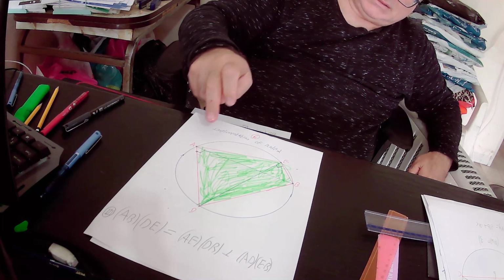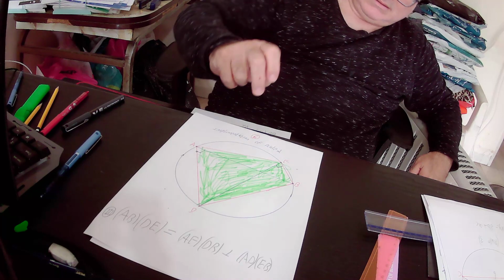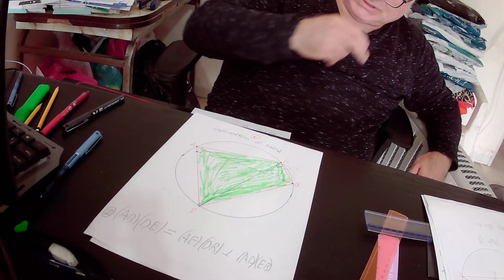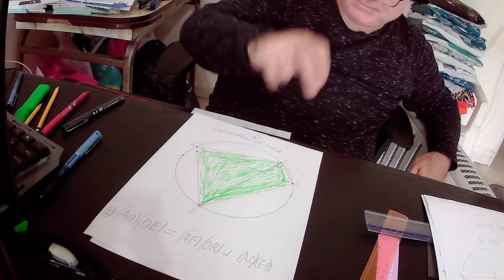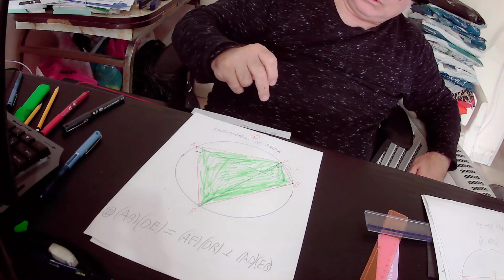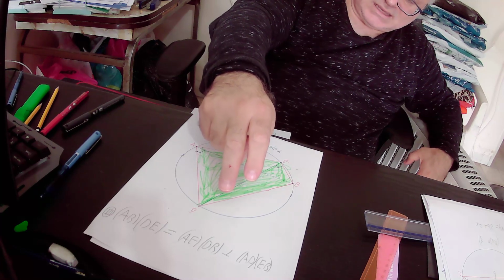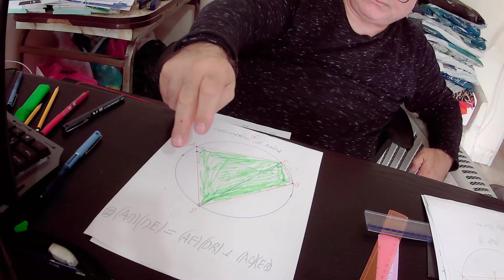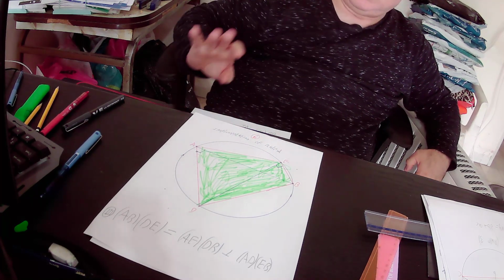The first product of the opposite sides is AE times BD, and the second product of its opposite sides is AD times EB, and the sum of the products of its opposite sides is product 1 plus product 2. And so the sum of the products of its opposite sides, that is AE times BD plus AD times BE, equals the product of its diagonals, that is AB times DE.